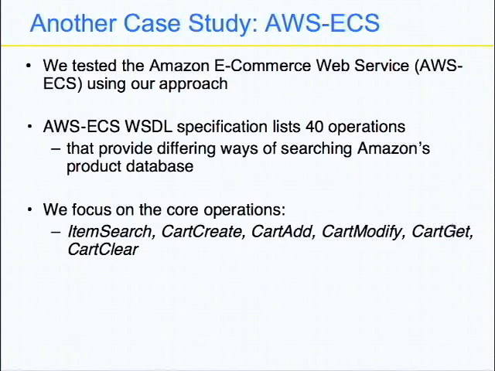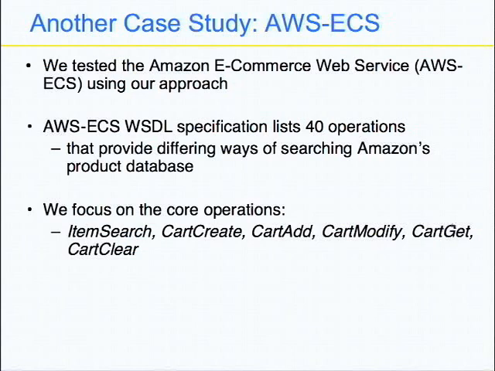So we tested this approach using Amazon's e-commerce web service. Amazon has a bunch of web services, and we checked this e-commerce one, which lists about 40 operations that Amazon provides to search their product database.